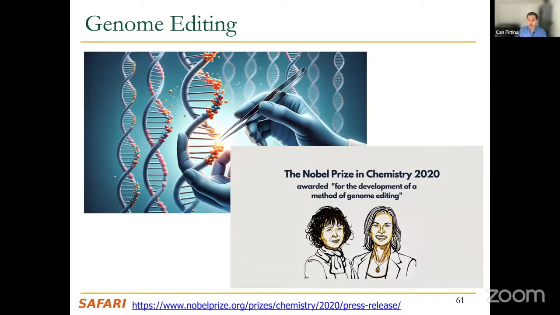I'm saying almost, there are some conditions to do it, but the fact that this is programmable is extremely interesting. And because of this opportunity, the Nobel Prize was given to these two individuals, Jennifer Doudna and Emmanuel Charpentier, in 2020.